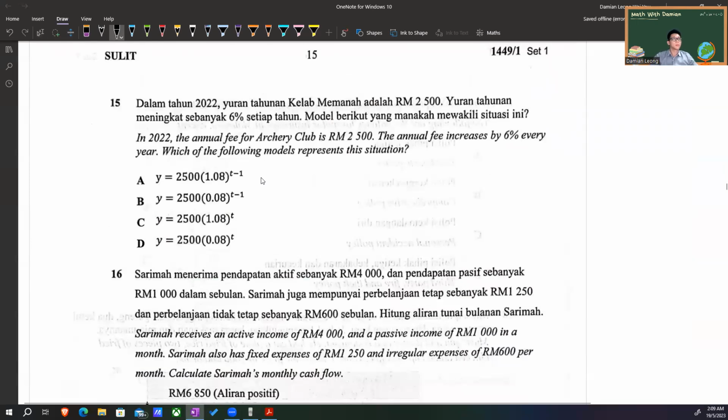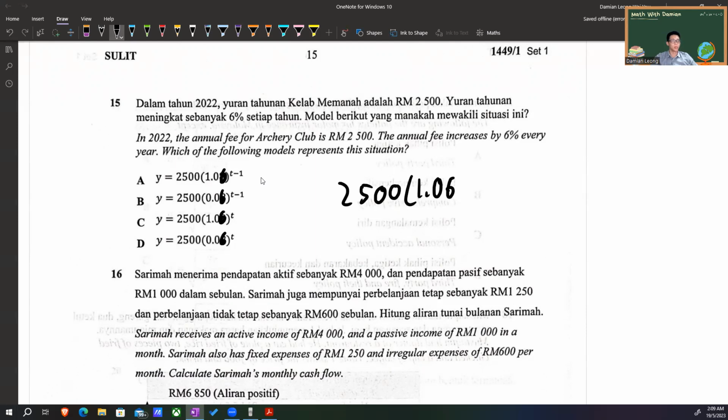Question 15. In 2022, the annual fee for Archery Club is 2,500 ringgit. The annual fee increases by 6% each year. What is the model that represents the situation? So it starts with 2,500 and increases by 6%, means multiply by 1.06.